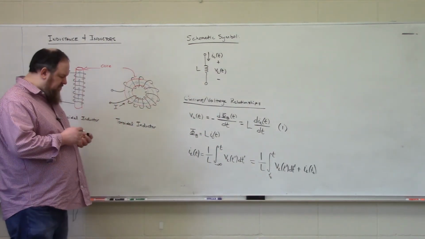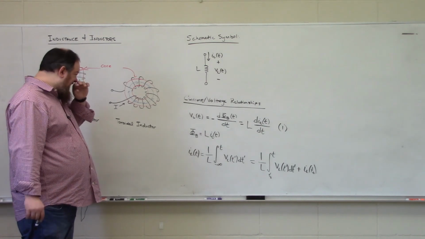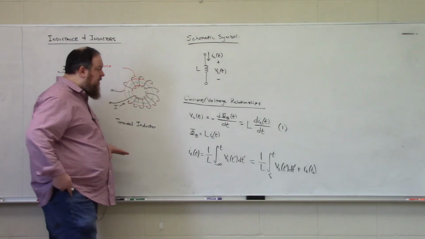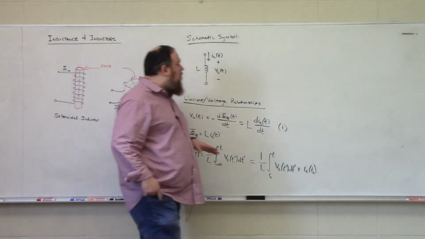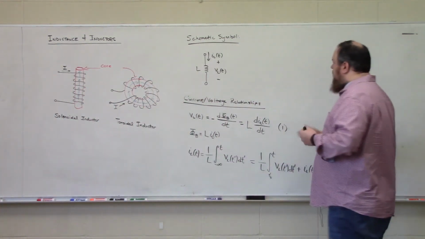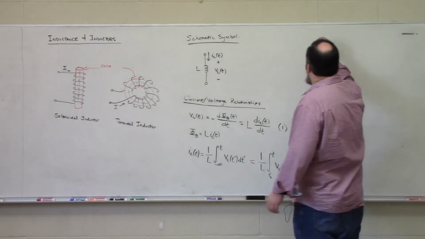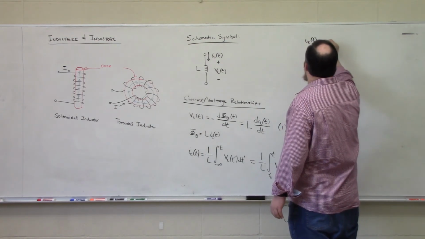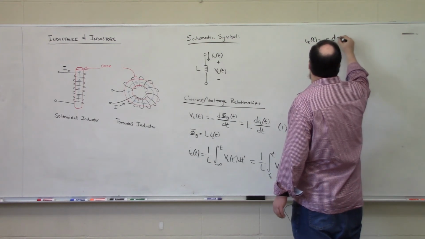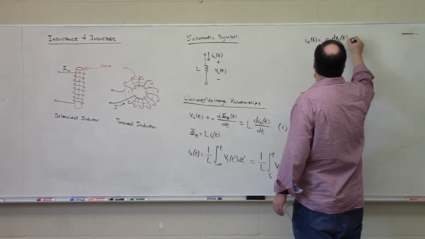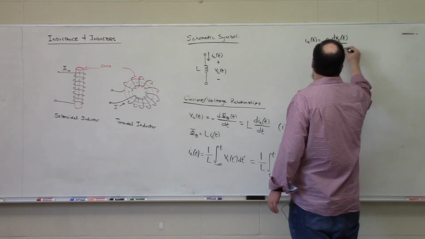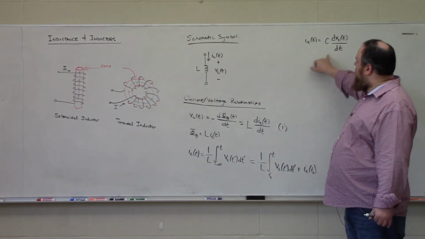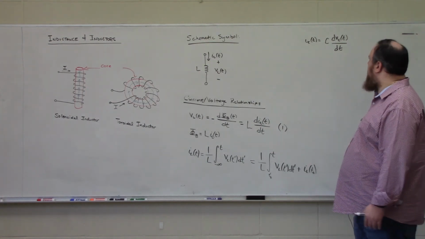One thing that I would like to point out is that these equations should look very, very familiar at this point. What I mean by that, let's look at the expression for capacitor current. IC of t was C dV by dt. So this equation for capacitor current has the same form as the inductor voltage.